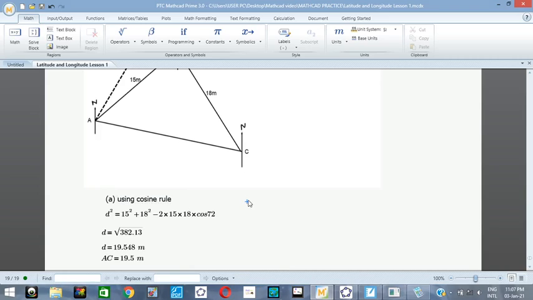So let's solve the B part here, which is the bearing, using the sine rule. The angle is facing 18, so you have 18 divided by sine theta.